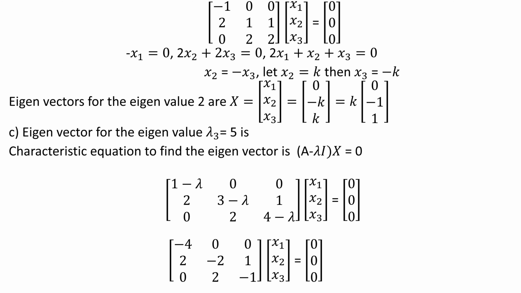So from here it will be 1 minus lambda 0 0, 2 3 minus lambda 1, 0 2 4 minus lambda into x1 x2 x3 is equal to 0 0 0. If we substitute lambda is equal to 5, that will become minus 4, because 1 minus 5 is minus 4, 0 0, 2 3 minus 5 is minus 2 1, 0 2 4 minus 5 is minus 1 into x1 x2 x3 is equal to 0 0 0.